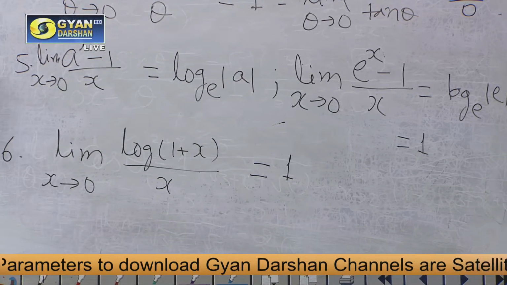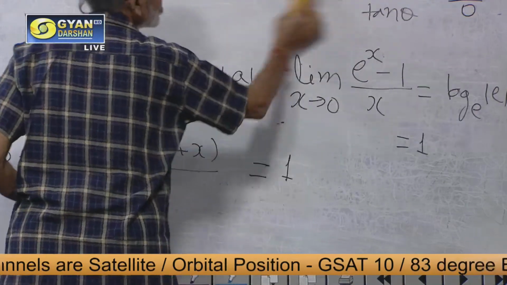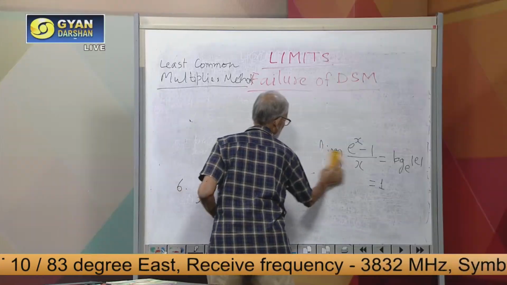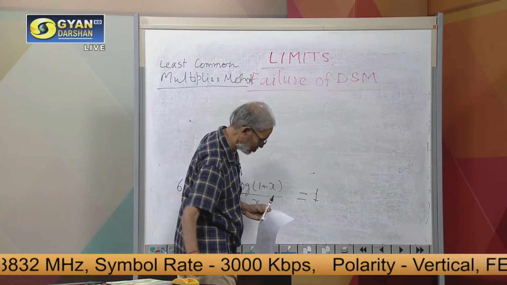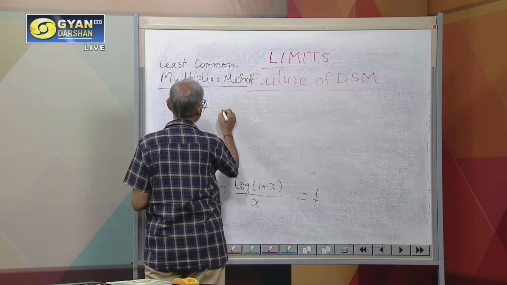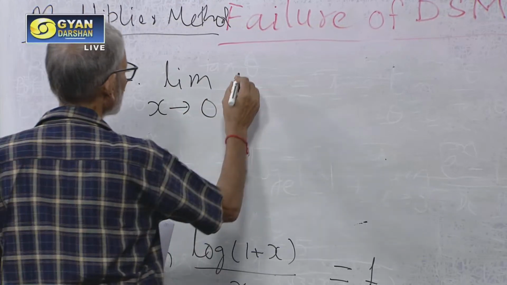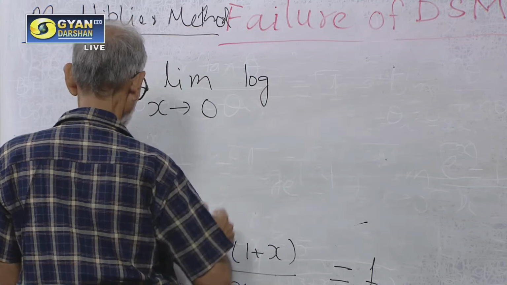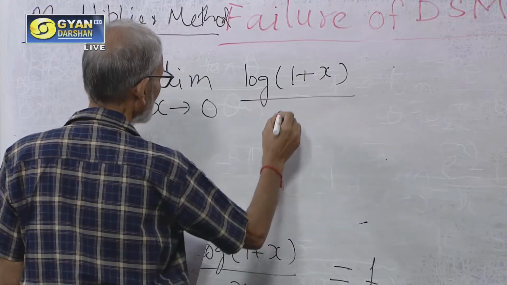And two more formulas are there. Seventh one, limit x tends to 0, log of 1 plus x divided by x.